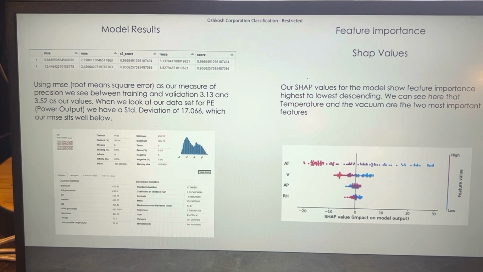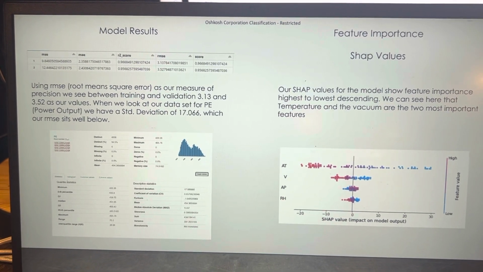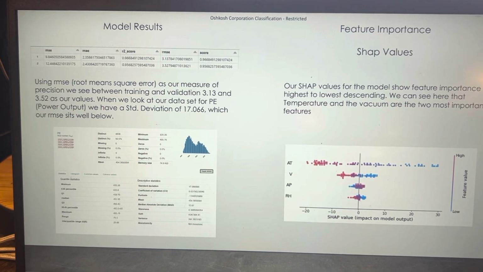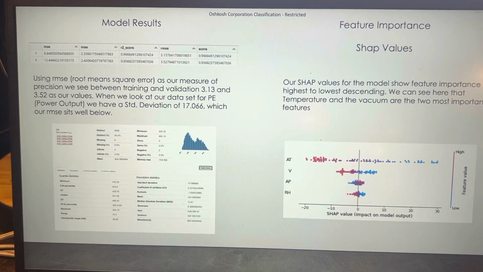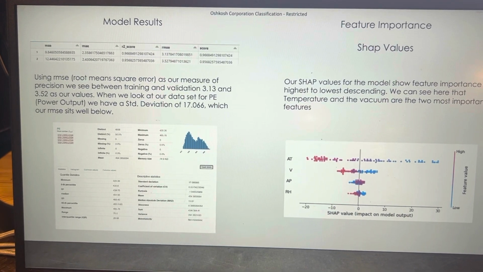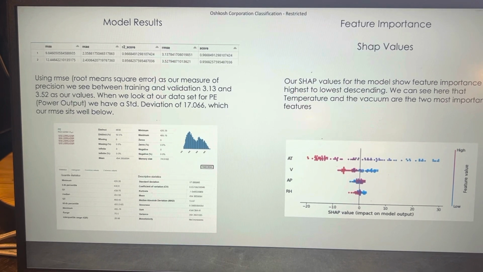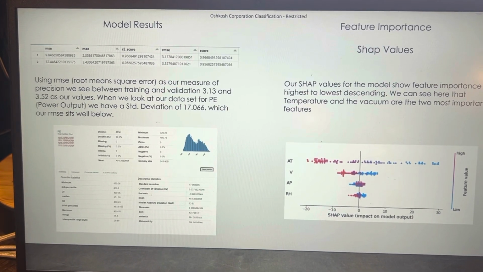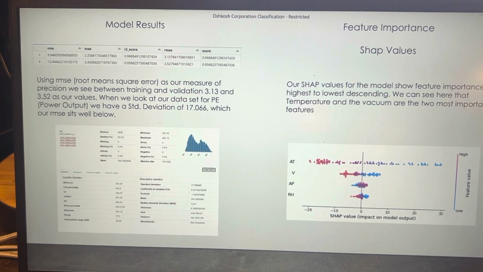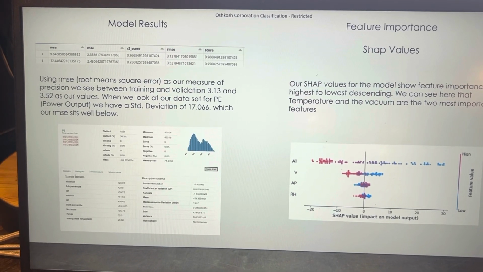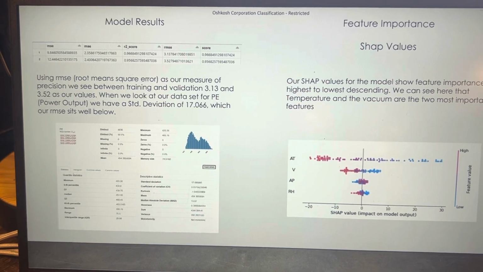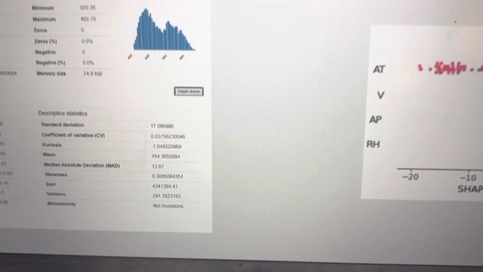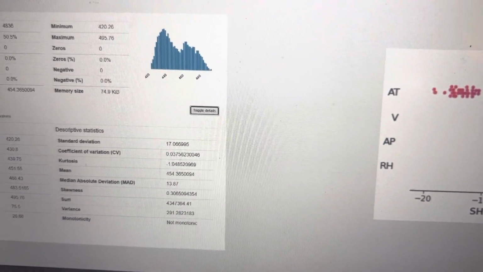Comparing those two, we can see that it was not a whole ton of change, which is what we're hoping for. Also, relative to the PE statistics, when we take a look at just how the data is distributed, the standard deviation for this, I'm going to go ahead and zoom in here, as you can see, is 17.066.